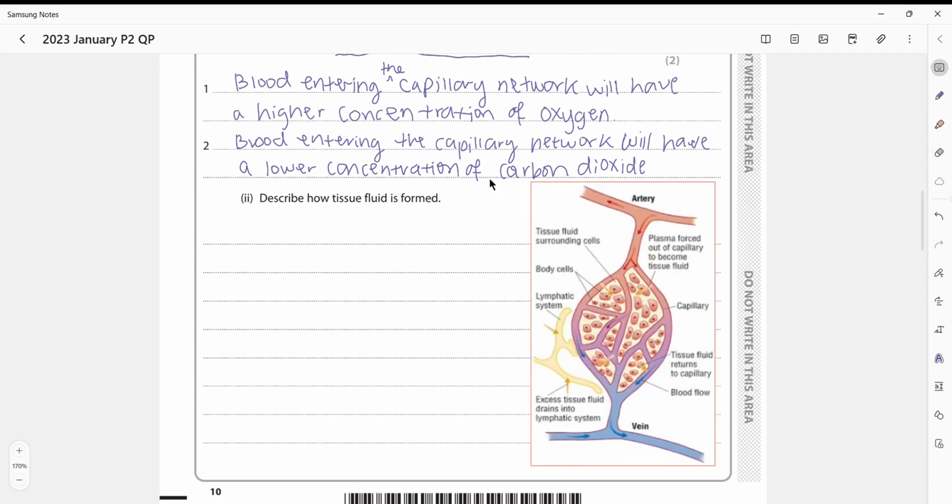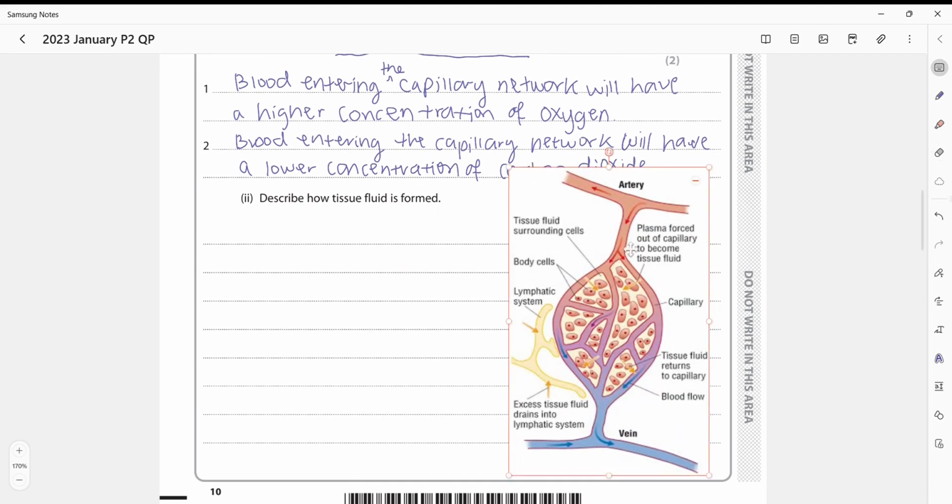So I've included this diagram here so you can see. Here we have the arteries on top and then the vein at the bottom. Your artery contains high blood pressure, and that actually causes the plasma to get forced out of the capillaries. Between the cells of your capillaries, you have a lot of pores that enable the plasma to come out.